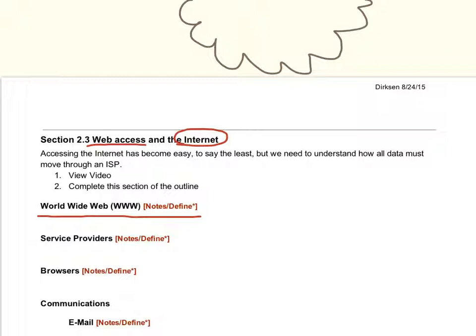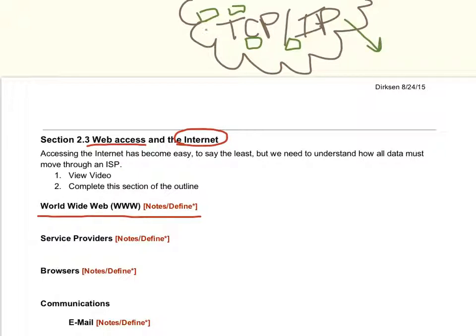And in the internet we use Transmission Control Protocol, Internet Protocol, TCP/IP, in order to send these packets of information. Here's a little packet, here's a packet, here's a packet. We send them through so that they can travel from one location to another.